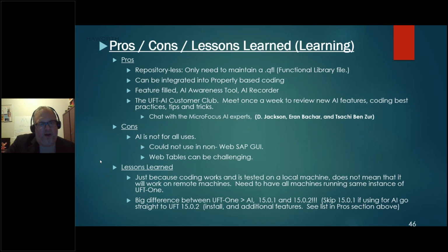Another good pro is the AI awareness: you can run a script that's already done and defined, but when you turn that checkbox on, the AI awareness will tell you, hey, this object is identified and you can replace it with this instead of what you're using in a property-based approach.